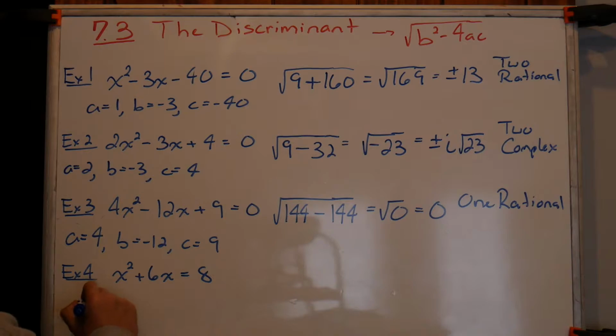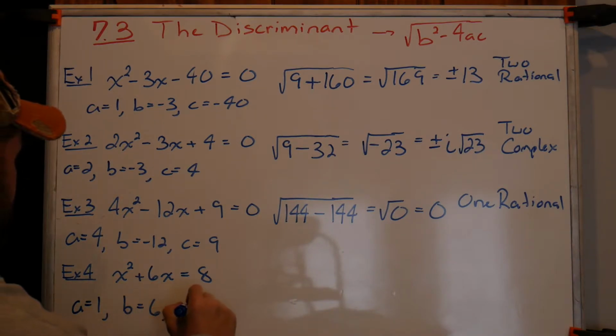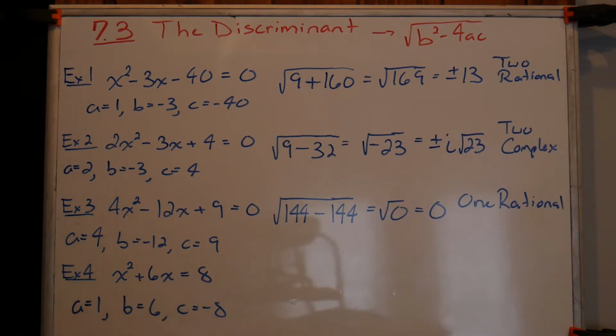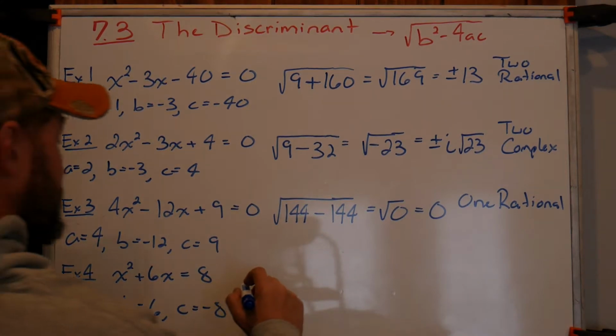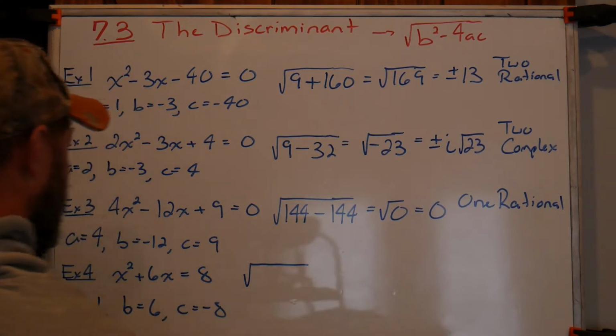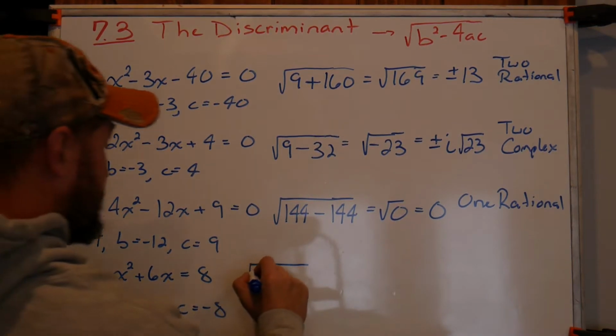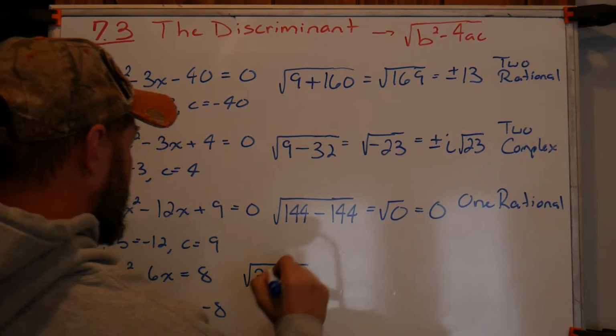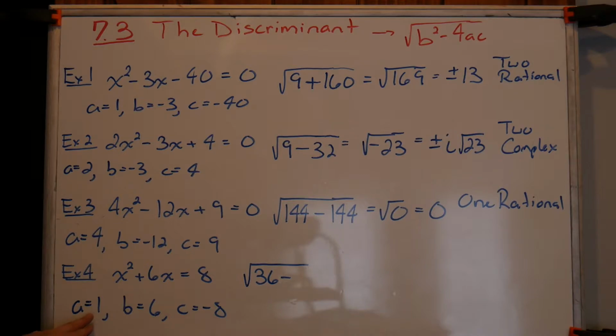Then down here for example 4, A equals 1, B equals 6, C equals -8, because remember, I would move the 8 over here to set equal to 0. So what I have now is b squared, 36, minus 4ac. 4 times 1 is 4.